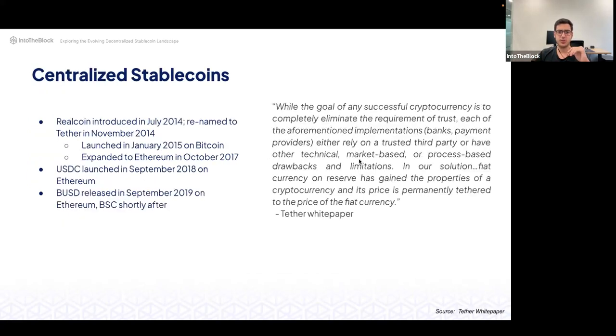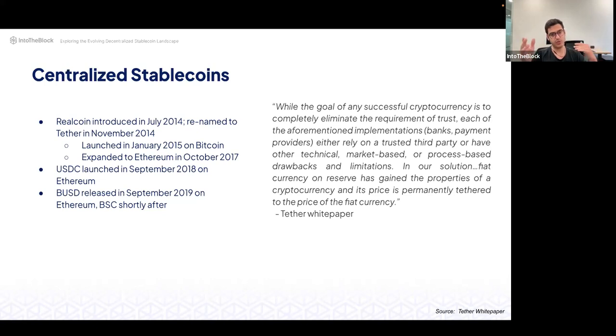And so with centralized stablecoins, that's how the space got started back in 2014, initially called Realcoin, then renamed to Tether in November 2014. The idea was that in crypto exchanges, you could already access fiat, so dollars, and trade. That was a primary method to trade Bitcoin, buying it with dollars in some of these markets.